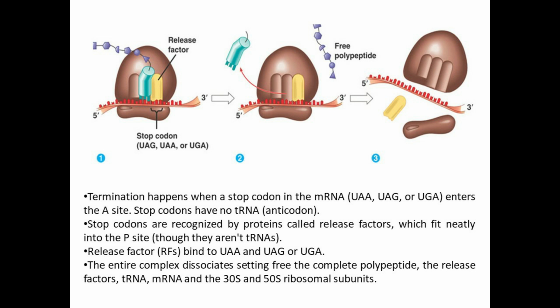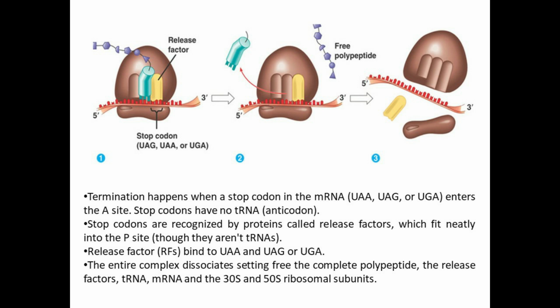Now the last step is termination. Termination is the cessation or the stoppage of peptide chain elongation and the subsequent release of the completed chain. So how is this governed? This is governed by a termination codon.